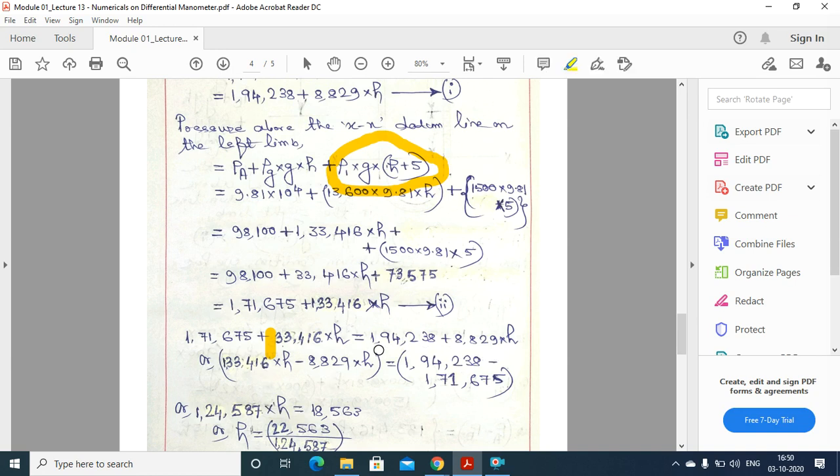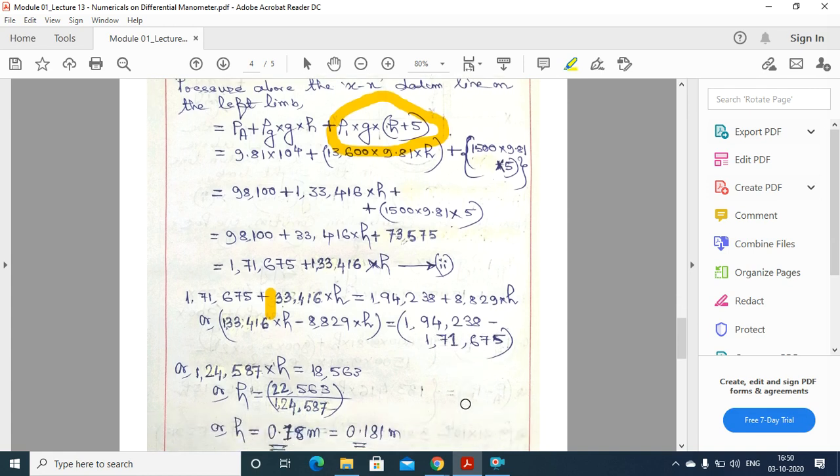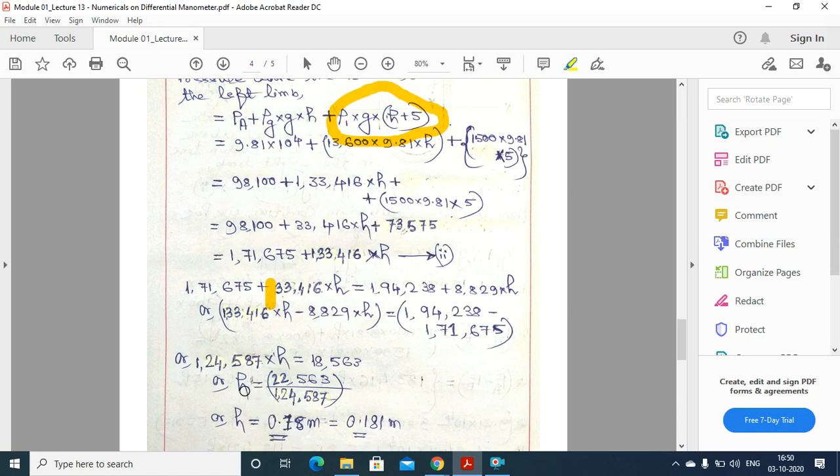So if we solve this, then we will get 1,33,416 into h minus 8,829 into small h is equals to 1,94,238 minus 1,71,675.